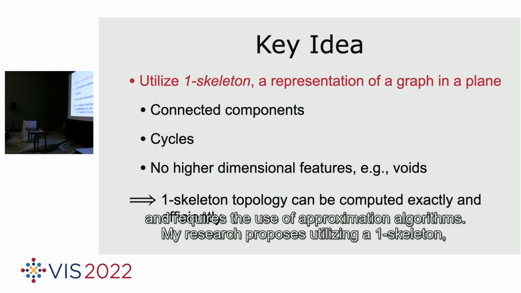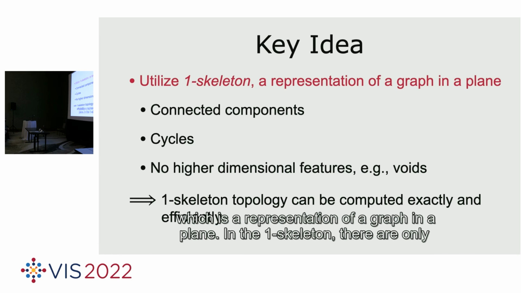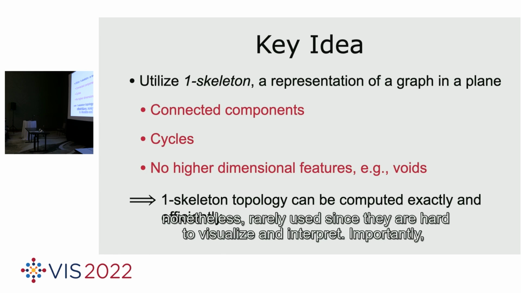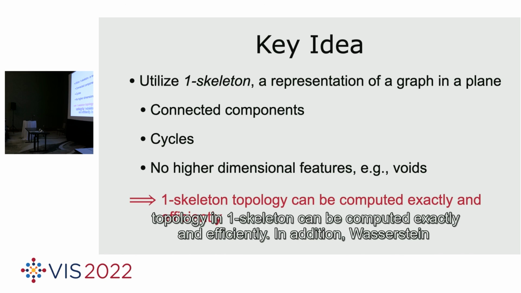My research proposes utilizing a one-skeleton, which is a representation of a graph in a plane. In the one-skeleton, there are only connected components and cycles. There are no high-dimensional features, which are nonetheless rarely used since they are hard to visualize and interpret. Importantly, topology in the one-skeleton can be computed exactly and efficiently.